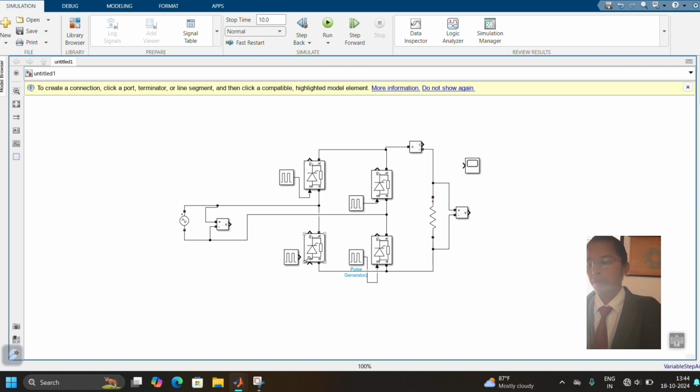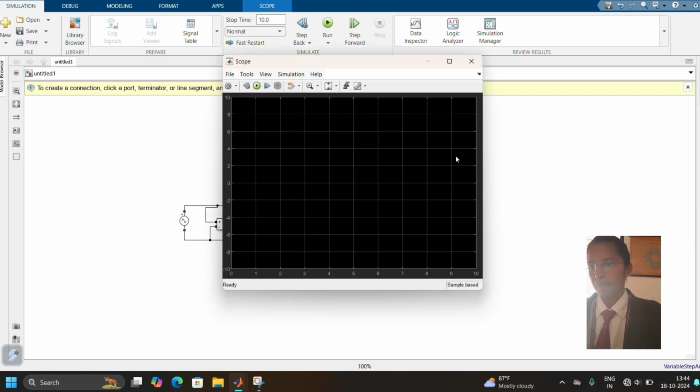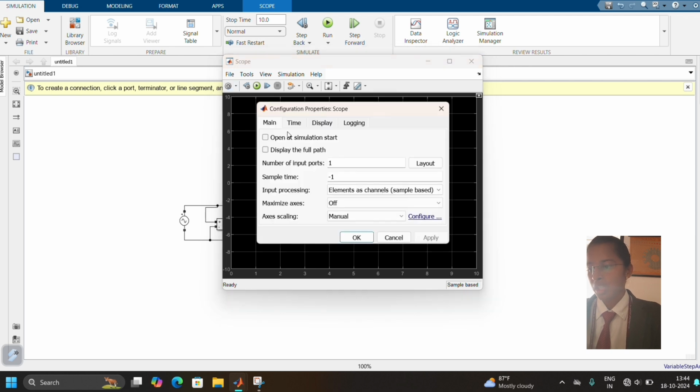Then take a pulse generator. Copy this pulse generator and paste it 4 times for the 4 thyristors. Connect this.